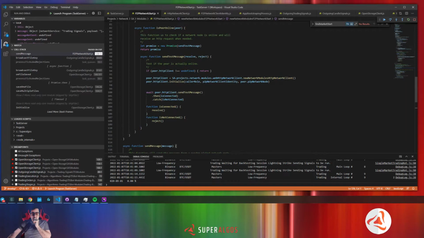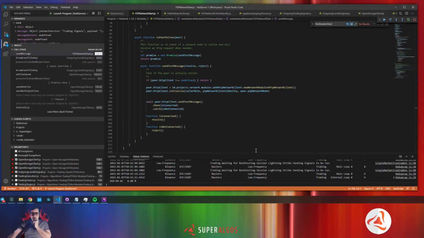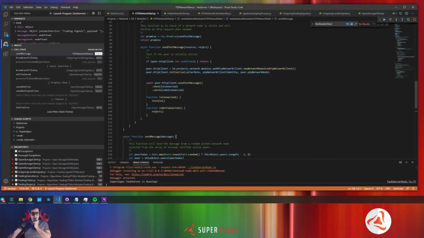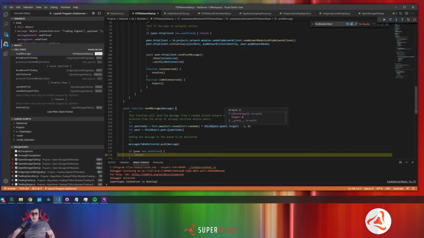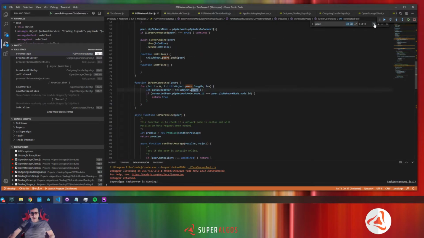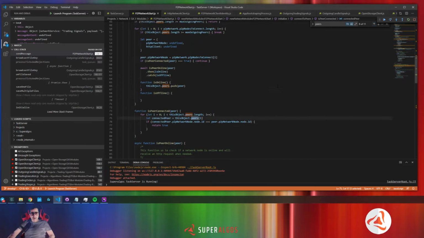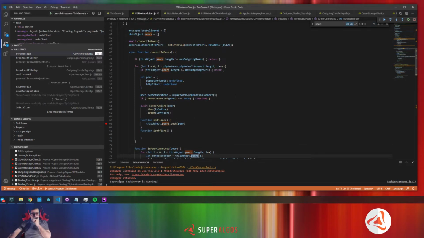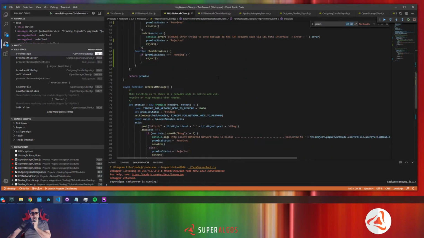We are talking that if we had this connection, this should mean that this peers array should have something. This is where we add a peer. But again, this is coming from this.